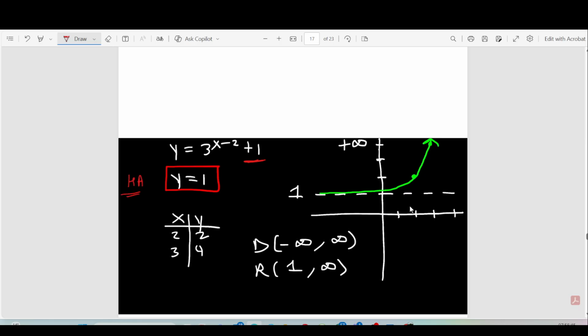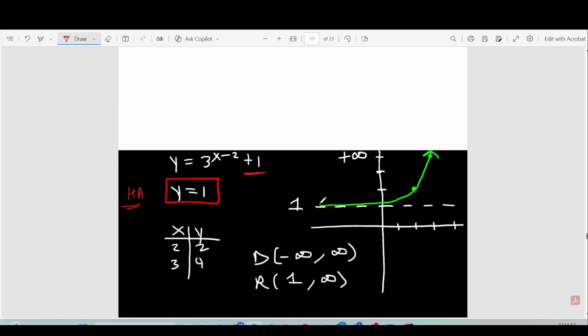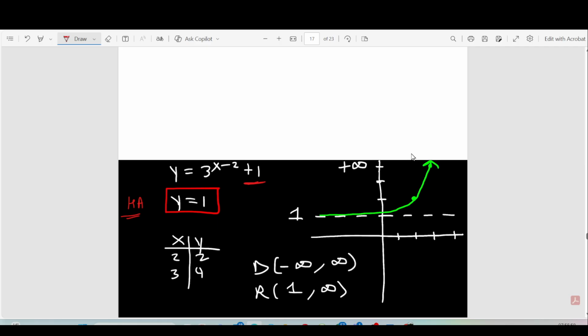So y = 1 is this, right? So the graph will go like this. So here range is 1 to infinity. Again, for 1 we put this parenthesis, because 1 is not included.